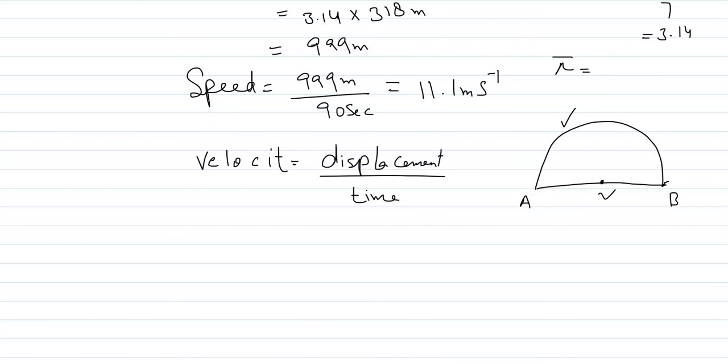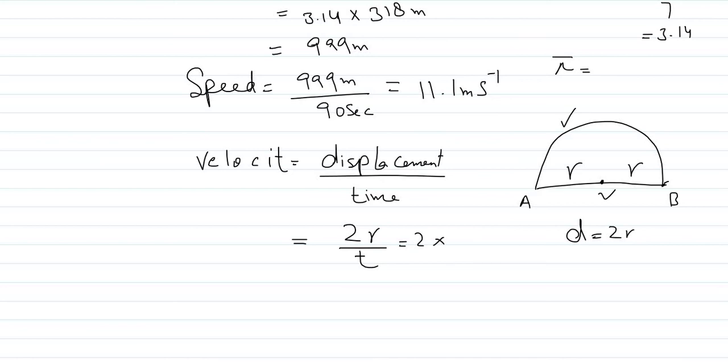You know that the distance from the center of a circle to any point on the boundary of a circle is called radius. This is radius, this is also radius. Displacement is equal to d is equal to 2r. So here I put the values of displacement, that is 2r over time. Just putting the values, 2 multiplied by r.